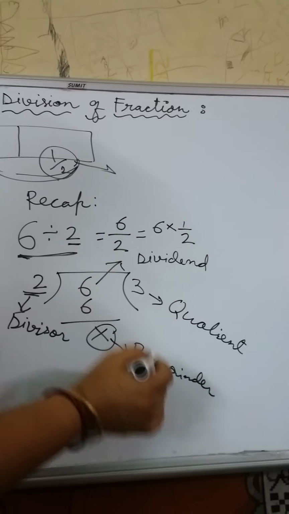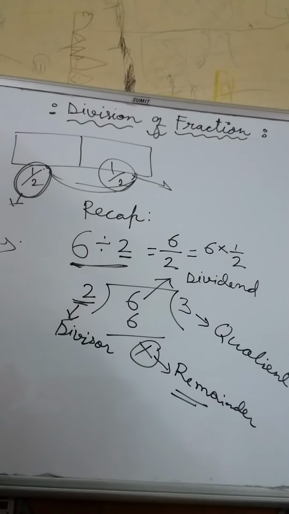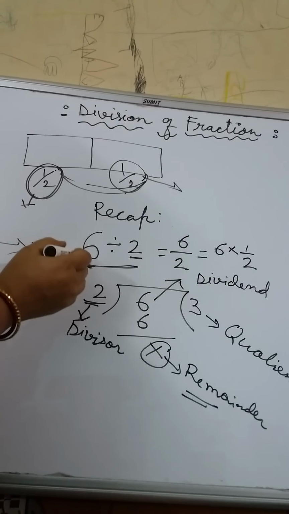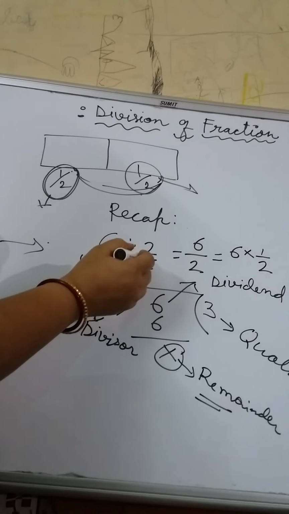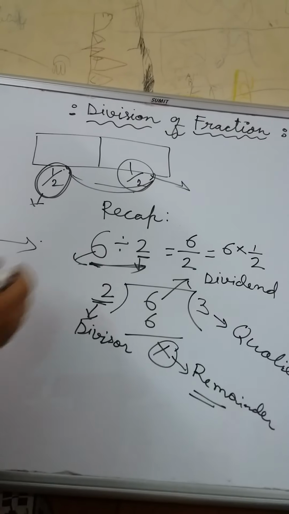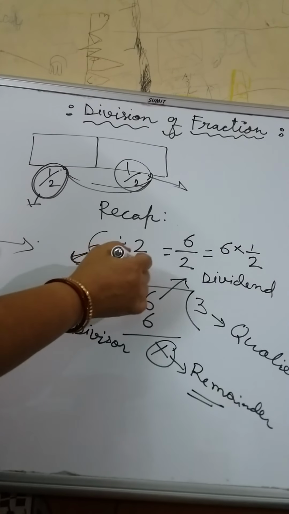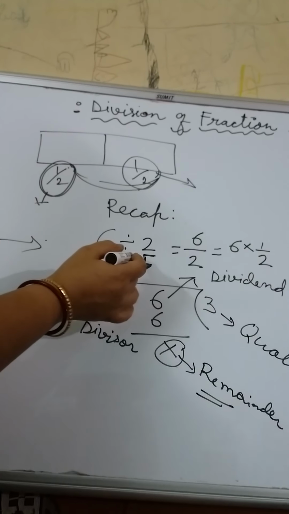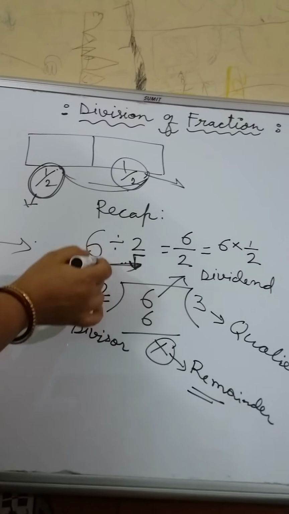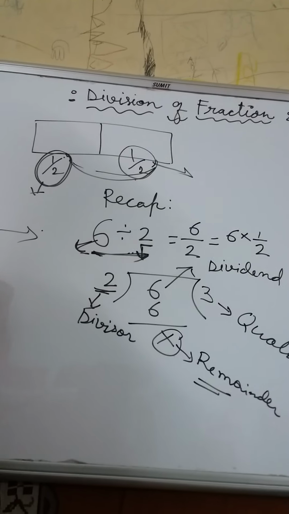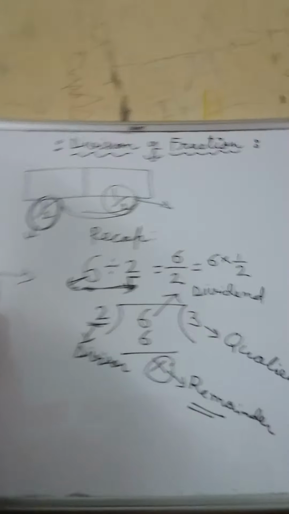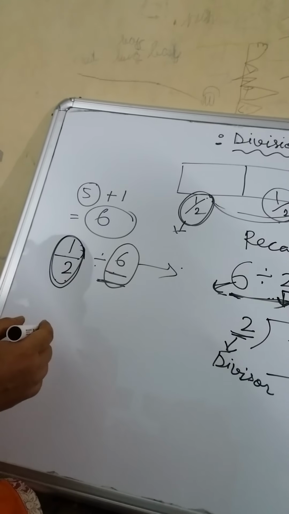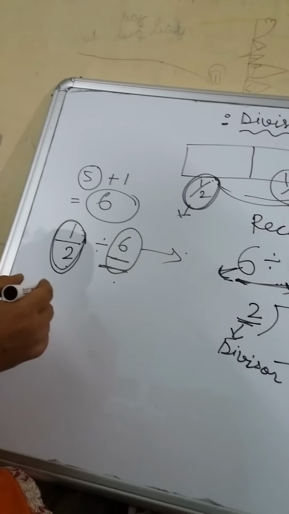That you have already learned in your junior classes. So this is your dividend and this is your divisor. Here when we are dividing a fraction, this divisor plays an important role.